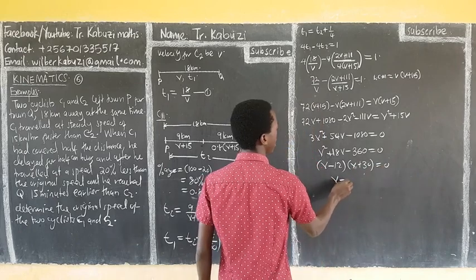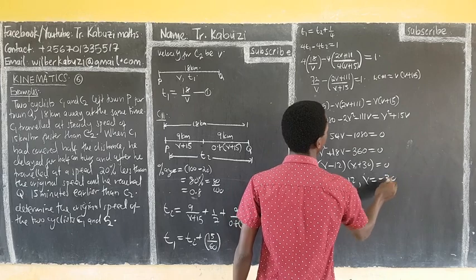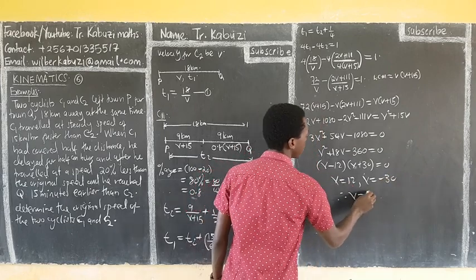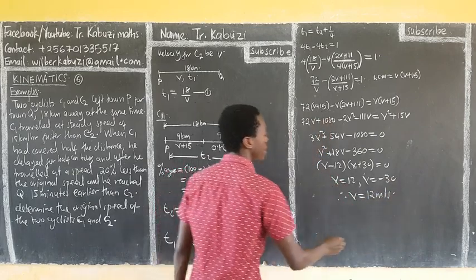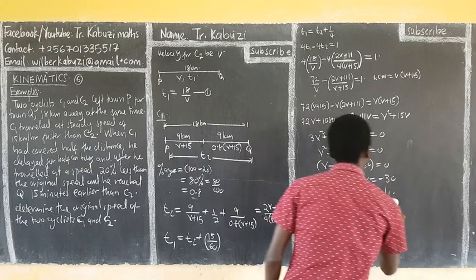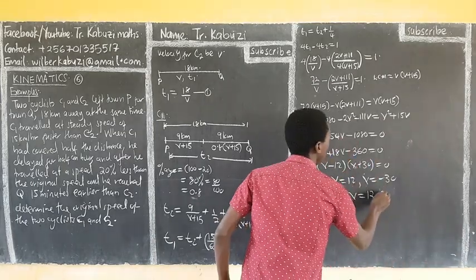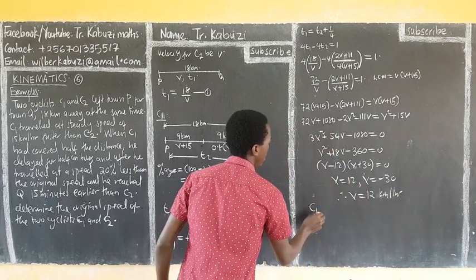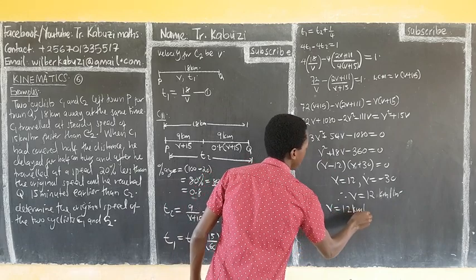So our b is going to be 12, or our b here is going to be negative 30, but of course speed wasn't negative. So this is going to be 12 kilometers per hour. Kilometers per hour. So meaning cyclist 2, his velocity is 12 kilometers per hour.